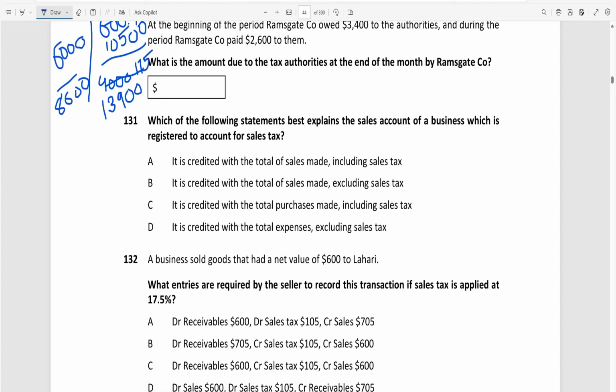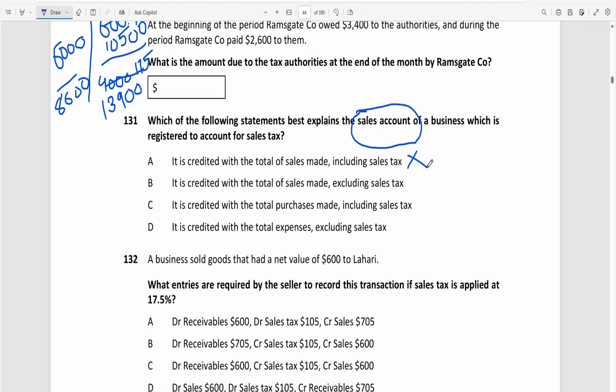If we talk about option A, do you think we credit the total sales value in the sales account? No, in the sales account we only credit the sales amount excluding the sales tax. So that's why option A is incorrect.